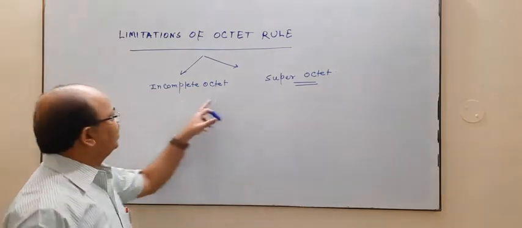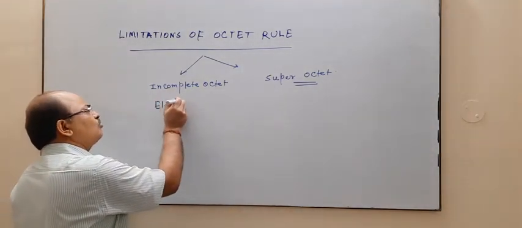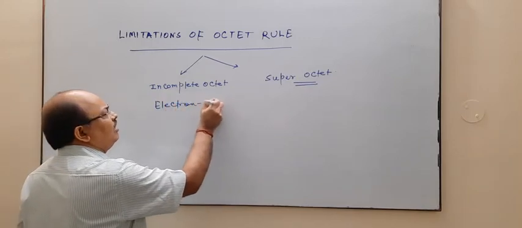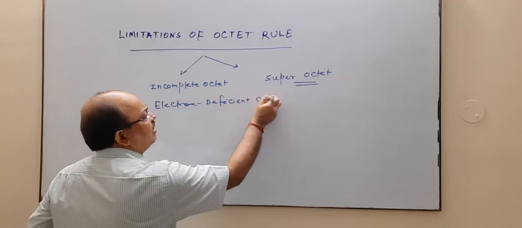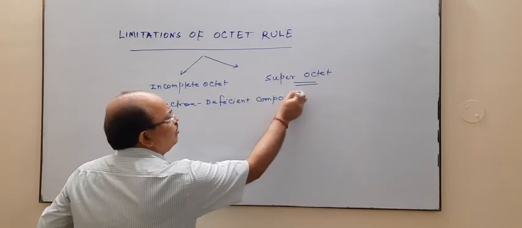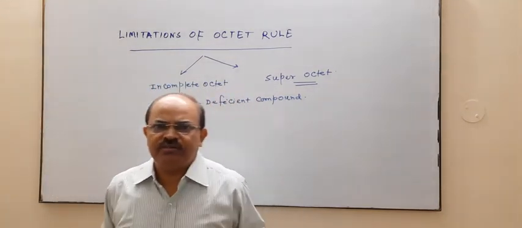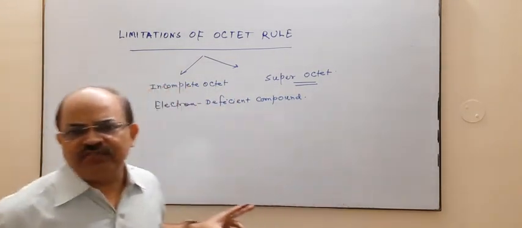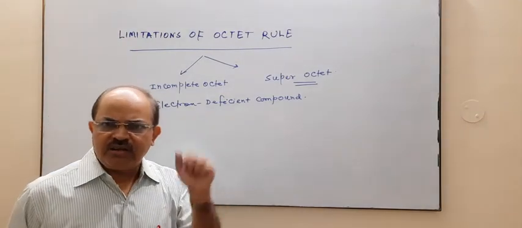The compound with incomplete octet is also known as electron deficient compound. So compounds with incomplete octet are also referred to as electron deficient compounds.